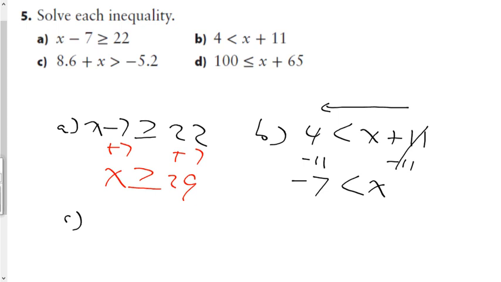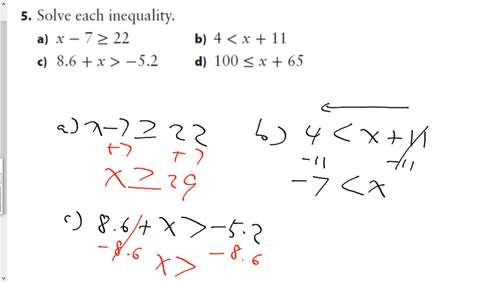Next question, C. 8.6 plus x is greater than negative 5.2. To solve it, I'm going to subtract 8.6 from both sides. And all values greater than negative 13.8 is my solution.